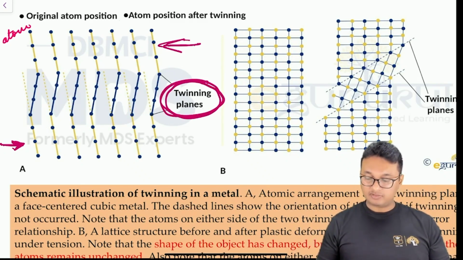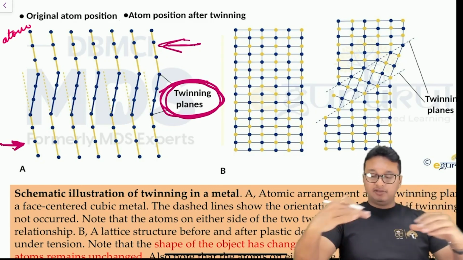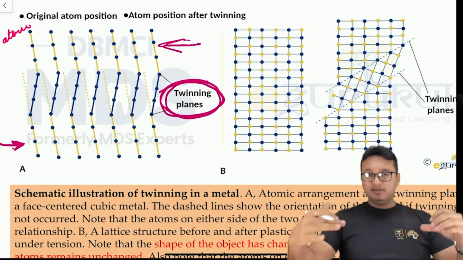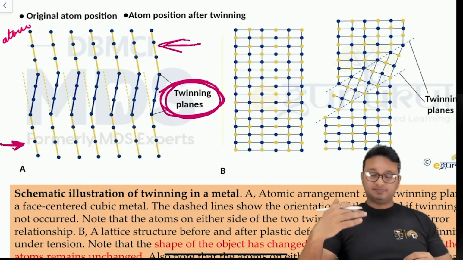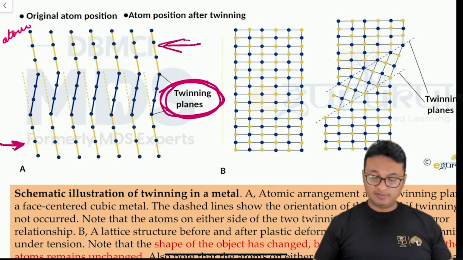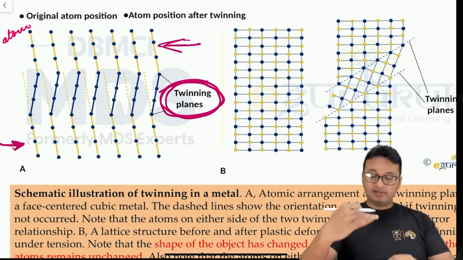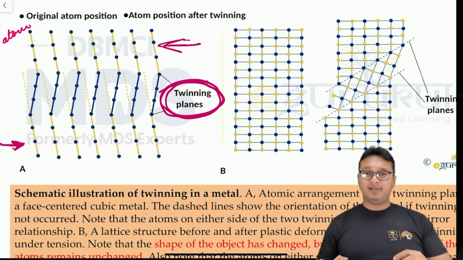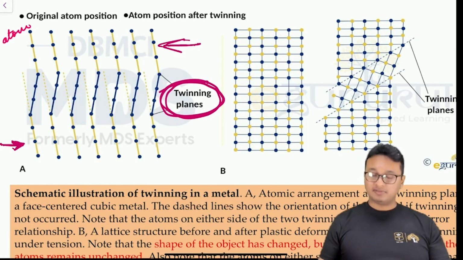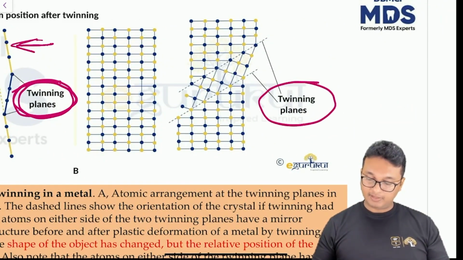This plane acts as a mirror, which forms the mirror image of the atoms placed above this plane and the atoms placed below that plane. That process is known as twinning, and this is known as the twinning plane.